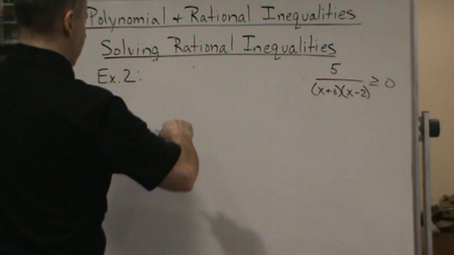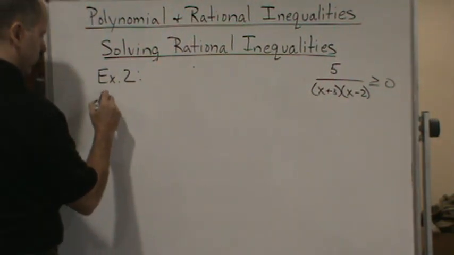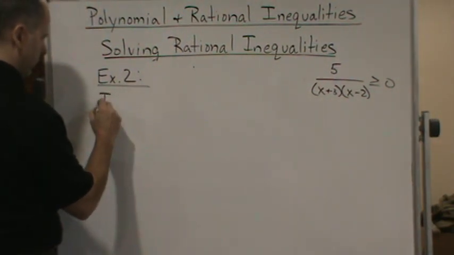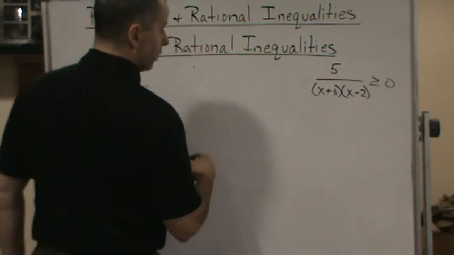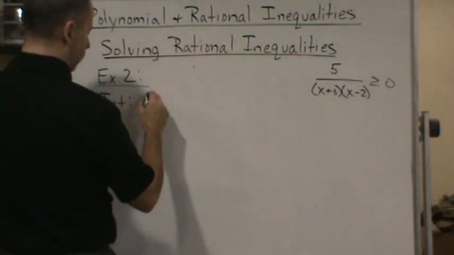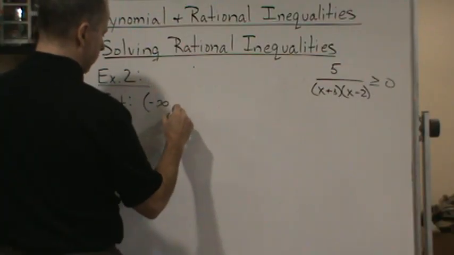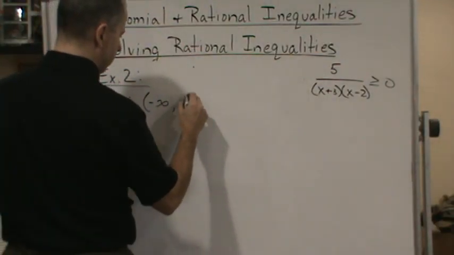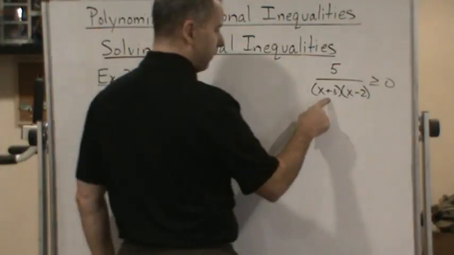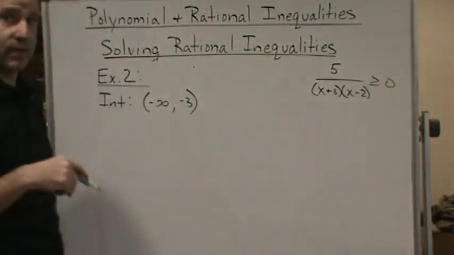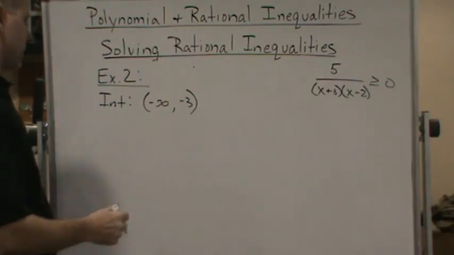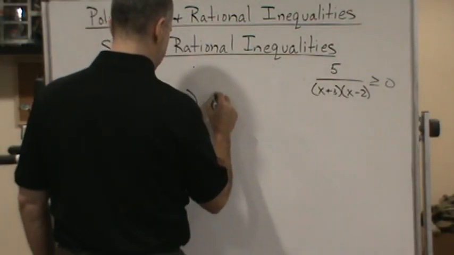Okay? So now we've got -3, so I'm going to leave that up there for a moment. If we're looking at our intervals, one interval is going to go from -infinity to -3. And again, -3 and 2 are not going to be included in our solution set, since those are where vertical asymptotes are located.